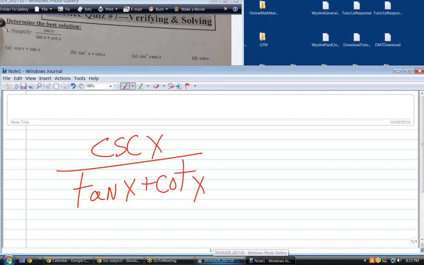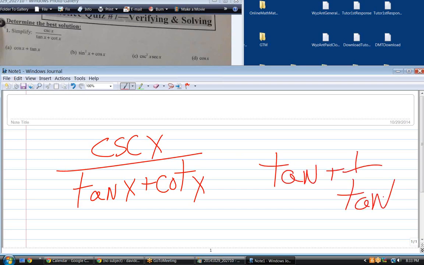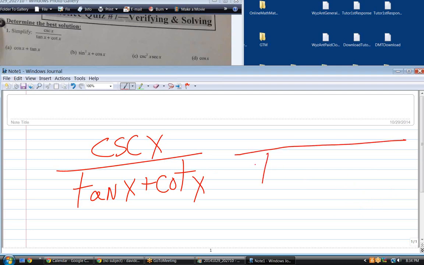What's the bottom turn into? This tangent plus cotangent is something we've seen before. That's the same as tangent plus 1 over tangent. So what does that become? If you add those two fractions, find a common denominator. What's the common denominator?